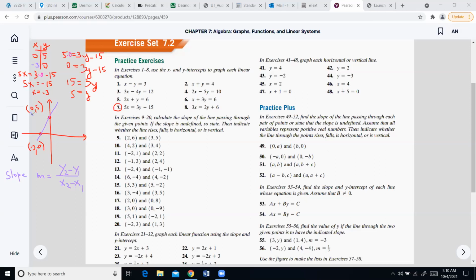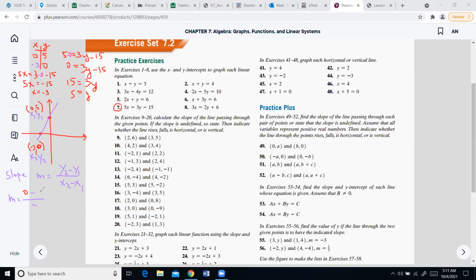For example, the first point x1, y1 is 0 and 5, and the second point x2, y2 is negative 3 and 0. So to get the slope for the line that I just graphed, all I have to do is subtract y coordinates and then subtract x coordinates of those points. So y2 is 0, you see the 0 here, right?